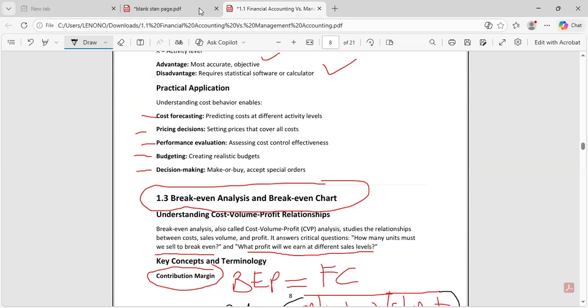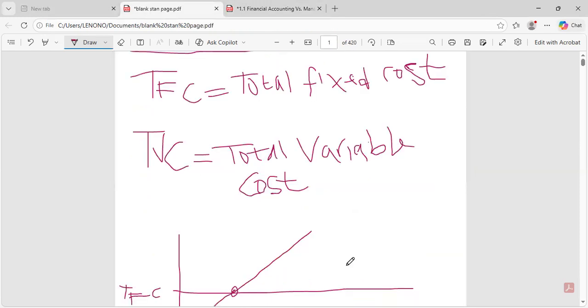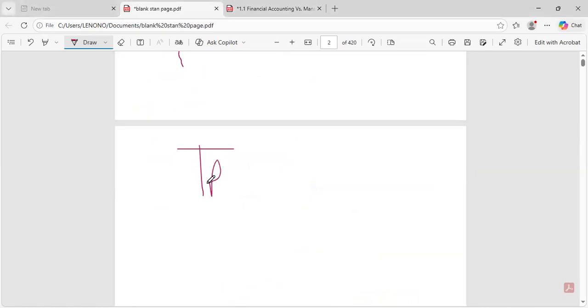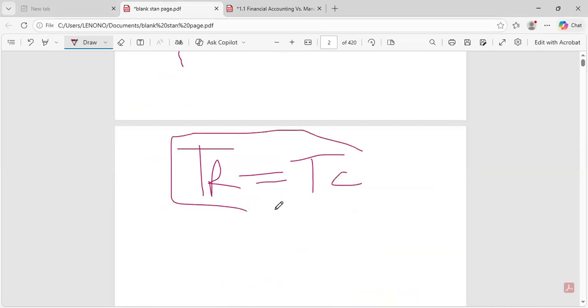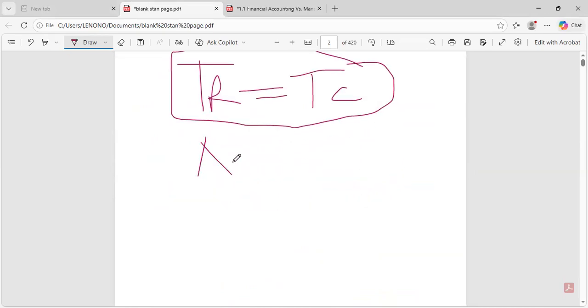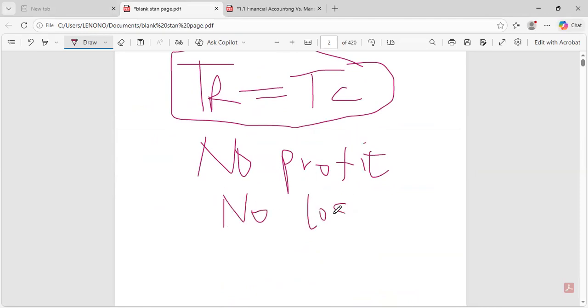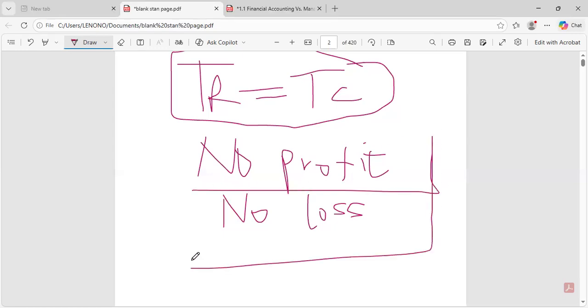In other words, the break-even point is the point at which our total revenue equals total cost. So we have no profit in this case, and there is also no loss.